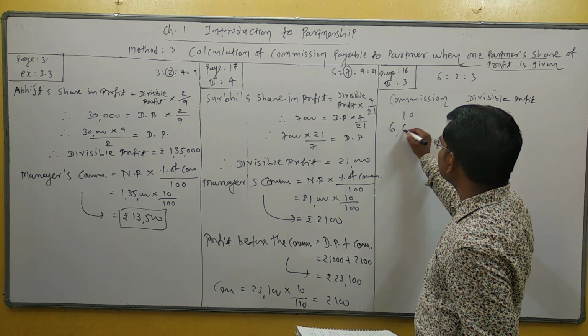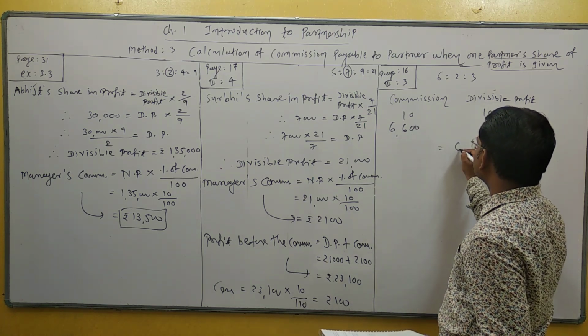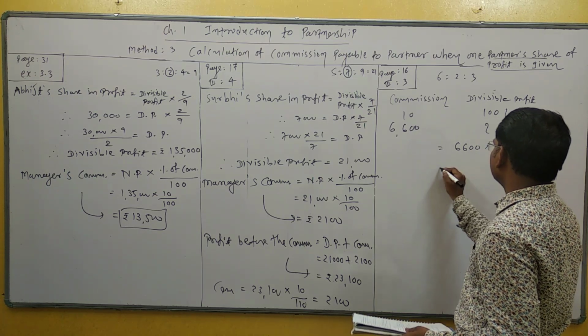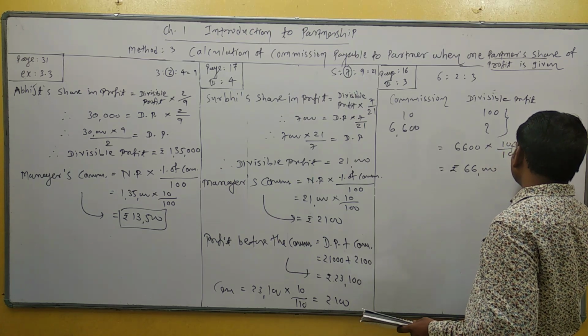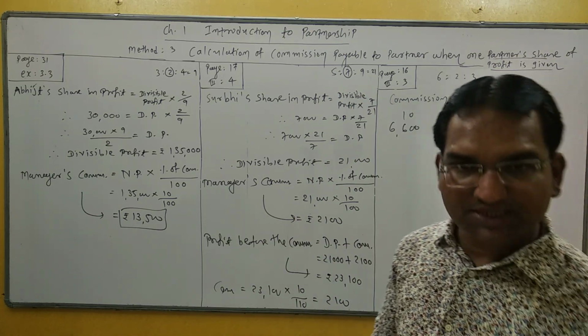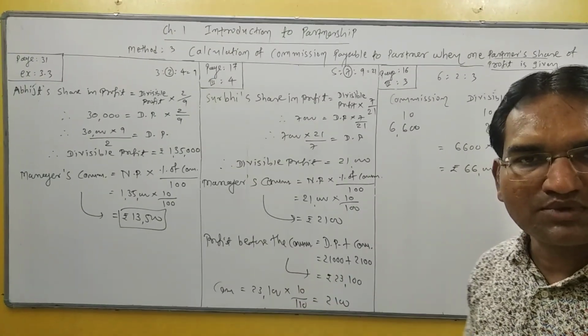If commission is 6,600, then? So 6,600 into 100 divided by 10. So your total profit is 66,000. This is your divisible profit.